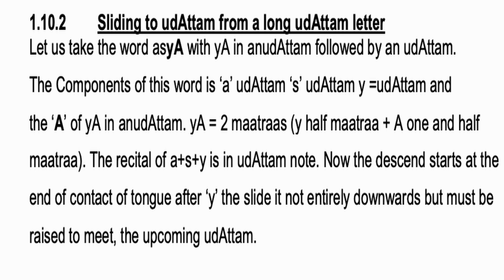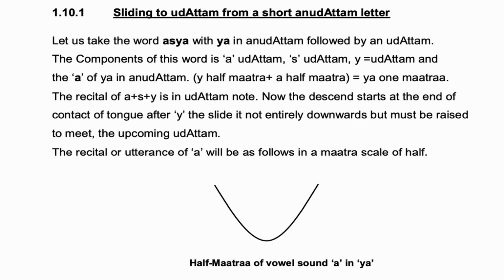So what happens? What is there in asya? A is ya. What is there in ya? Y, e, and a. Therefore, if it's an anudatam, the ya gets only half a matra time, so it won't slide and come up.